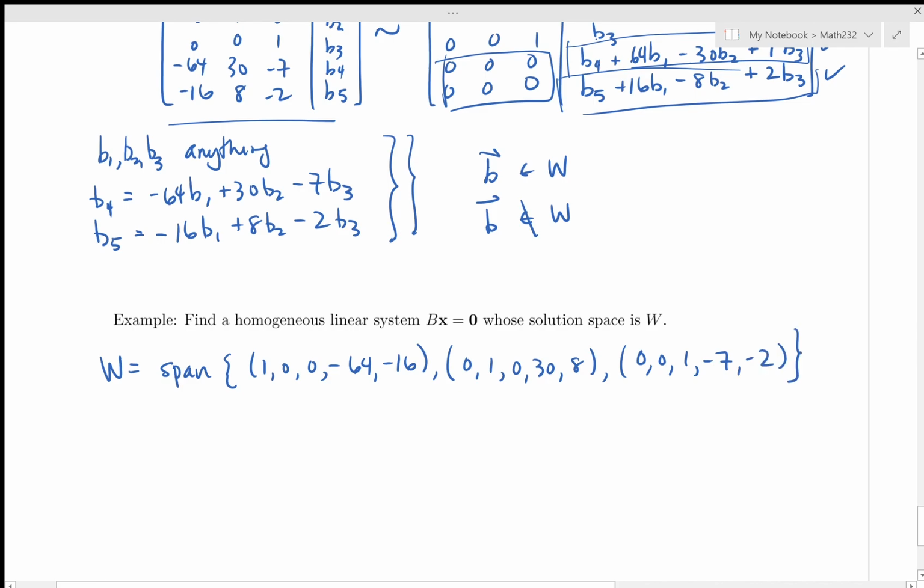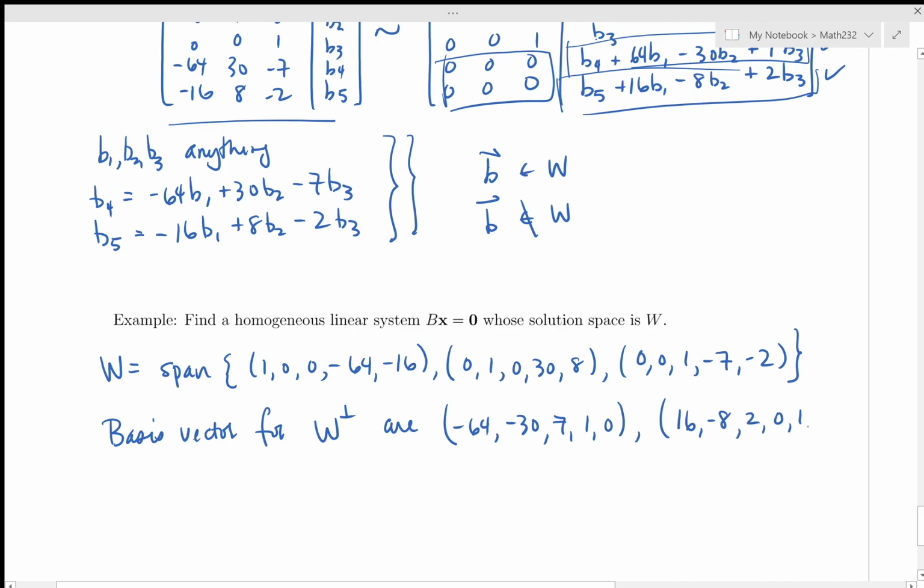That is what W is. The basis vectors for the orthogonal complement of W are these: minus 64, minus 30, 7, 1, 0, and this guy, 16, minus 8, 2, 0, and 1.